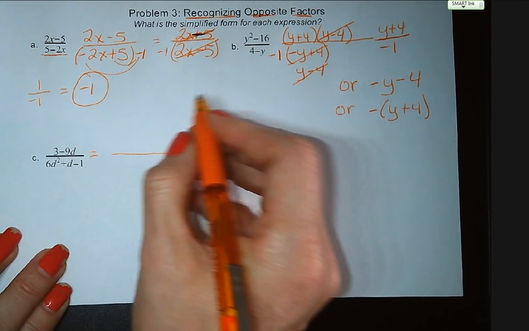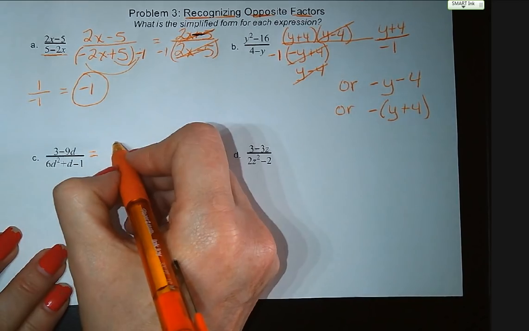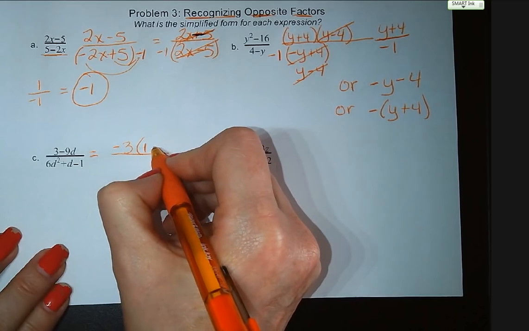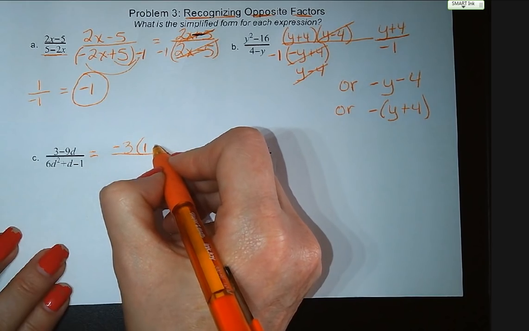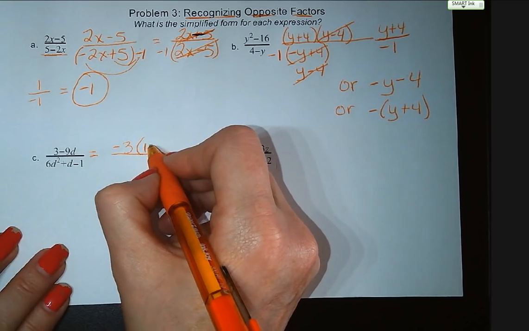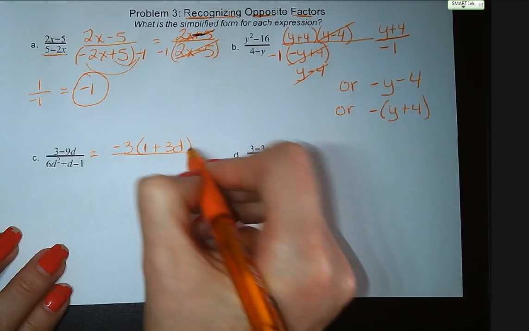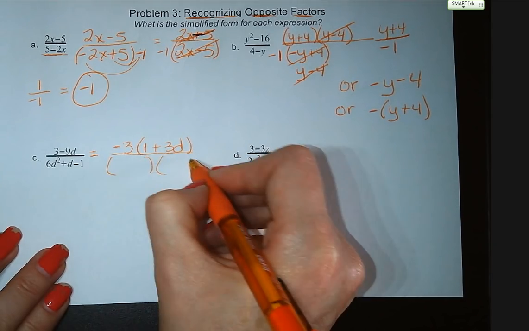So we can factor out a negative 3 from 3 minus 9d, and we get a negative 1 and a positive 3d.